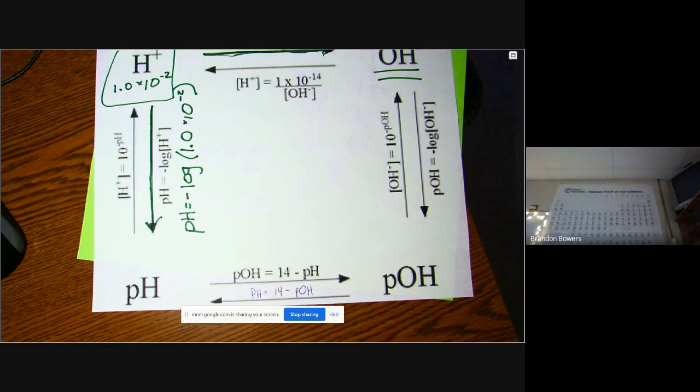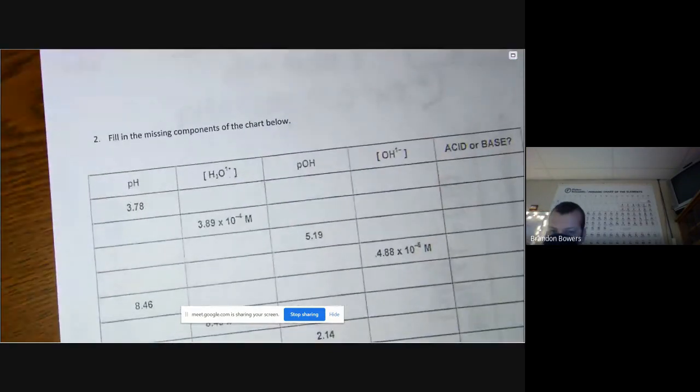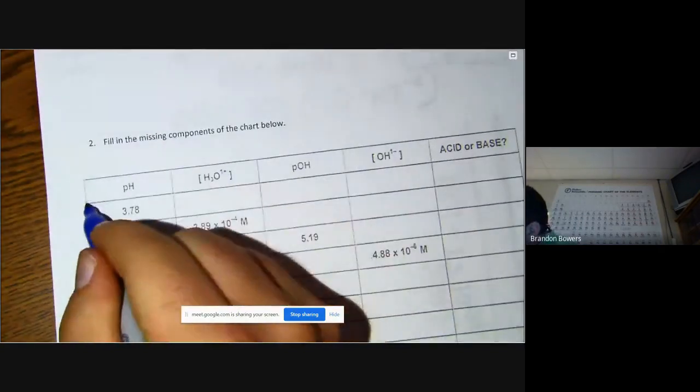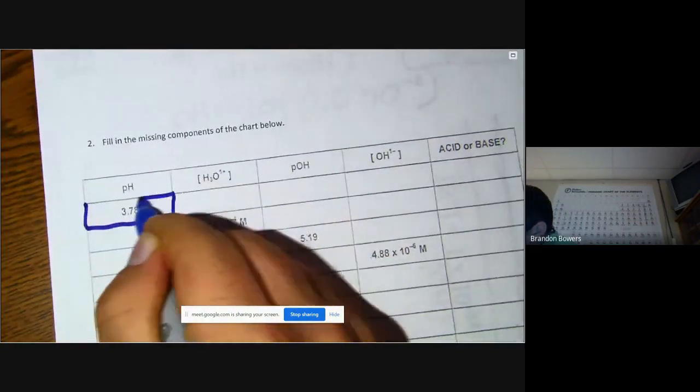Everybody get one? All right. So if we look at this, in the first one, what am I given? The pH. I'm given the pH. pH is 3.78.